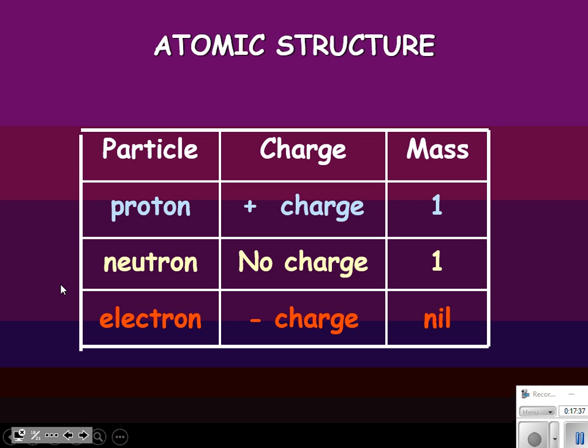That's not totally true. It offers something, but it's so very small that we consider the mass of the atom to come from the proton and the neutron. So the mass of the atom comes from the proton and the neutron. So very little comes from the electron.